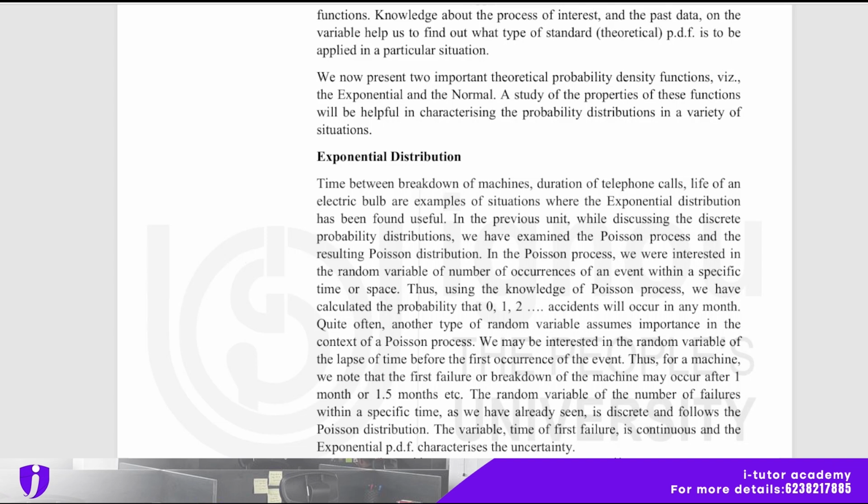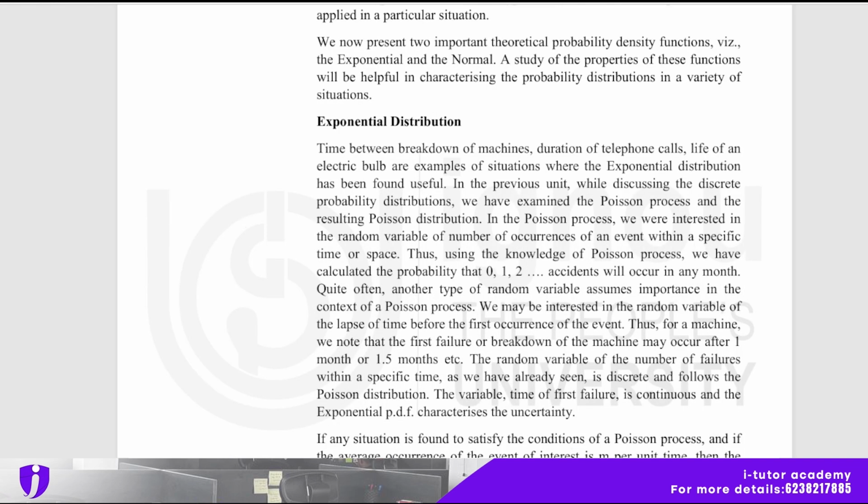Okay. And in the previous unit, while discussing the discrete probability distribution, we examined the Poisson process and the resulting Poisson distribution. In the Poisson process, we were interested in the random variable of the number of occurrences of an event within a specific time or space.